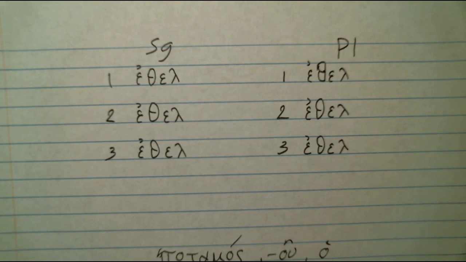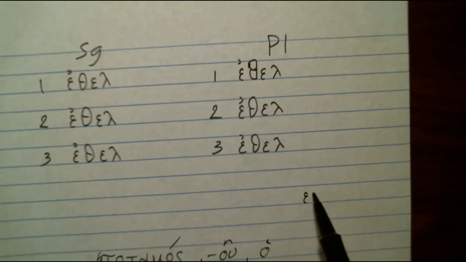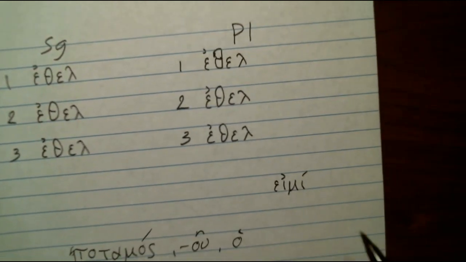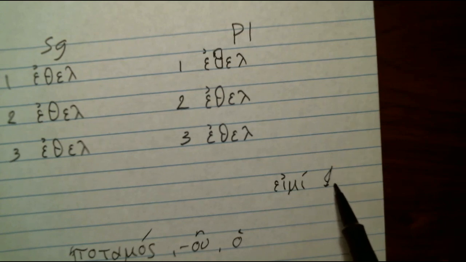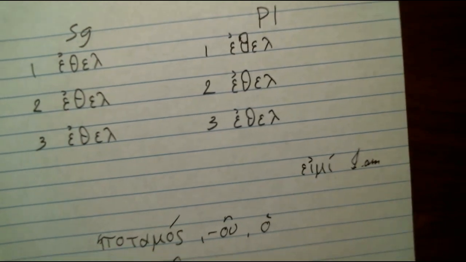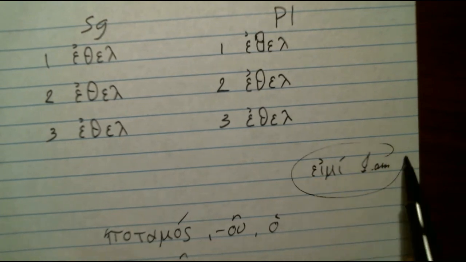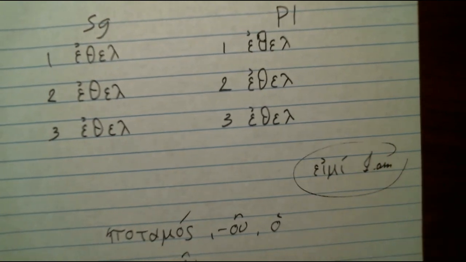So it's a very irregular verb. Similar situation in Greek, right? So eimi means I am. Okay. But that's unusual. All right, so forget about that. But verbs almost never have the accent on the end.